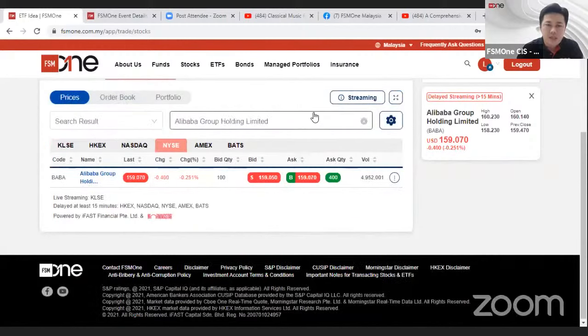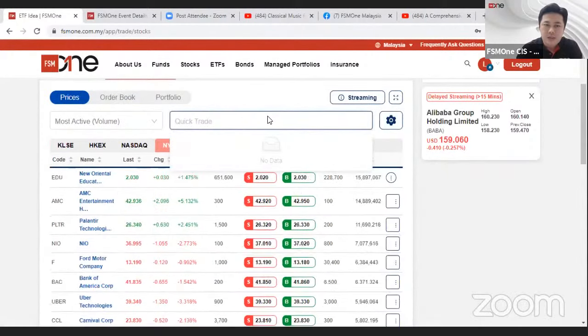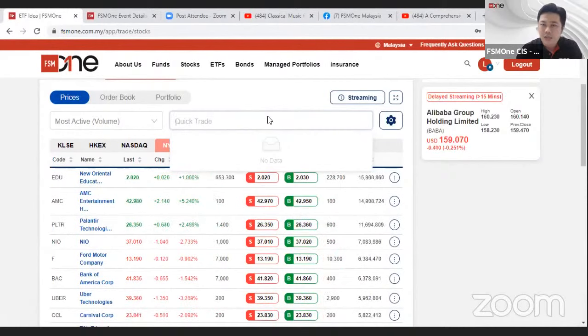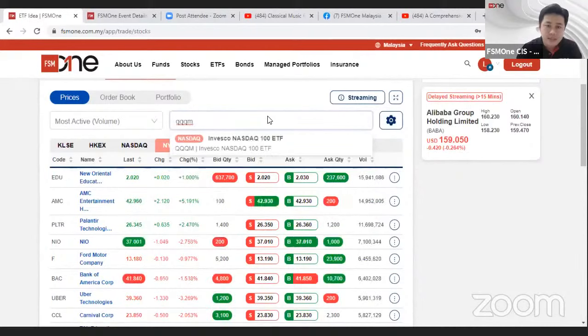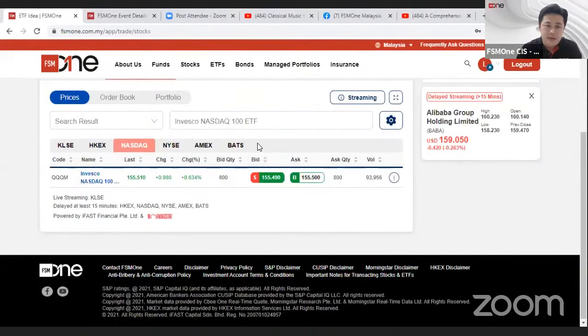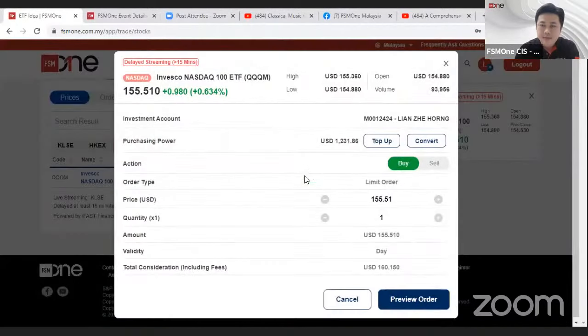Maybe for example, I place an order for an ETF, maybe QQQM. This will be the ETF listed in Nasdaq. Same also, I will click on buy. And if I want to fill the trade, I can key in a higher price now, because the price here is delayed streaming of 15 minutes, so the price could be higher or it could be lower.